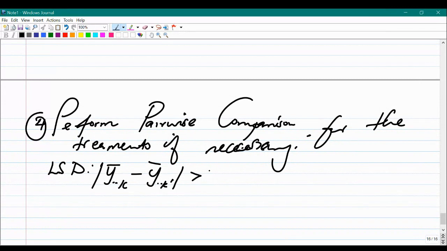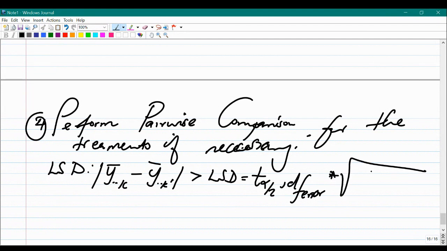If this is greater than the LSD, where the LSD is given by t alpha over 2, degrees of freedom of error, multiplied by the square root of 2 MSE over t. So give me the means of the treatments so that we can continue.